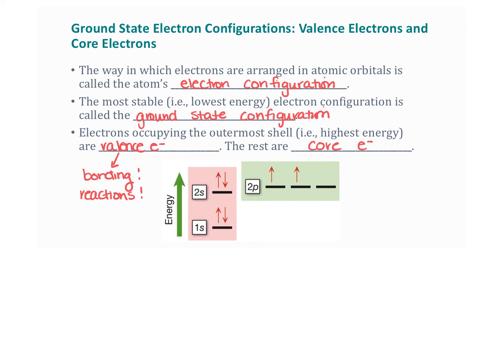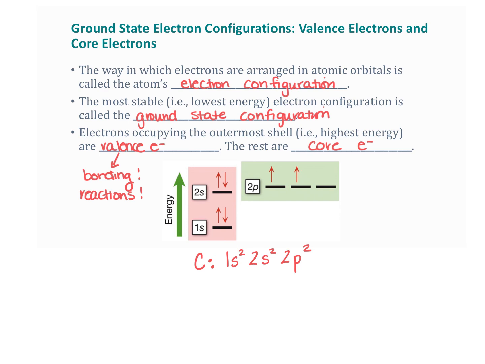So if we look at the energy diagram that's shown here, this is for carbon. We know that carbon has 6 electrons, like I mentioned before, and it's 1s2, 2s2, 2p2. And that's shown here in this energy diagram. Now, the core electrons are going to remain in those lower energy shells of the atom.